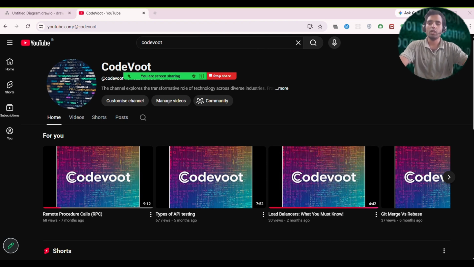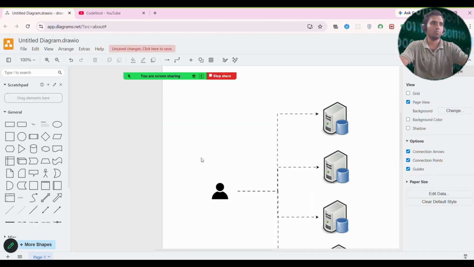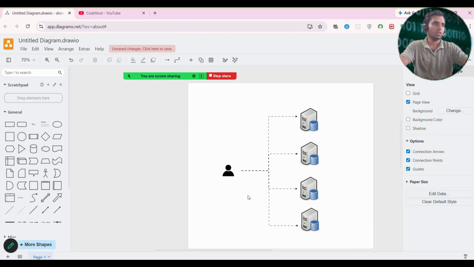Now, the second one we have is availability. Availability means every request coming from the client side should receive a response at any cost, even after server failures. Or in short, we can say none of the requests can be rejected. For example, let me share my screen.